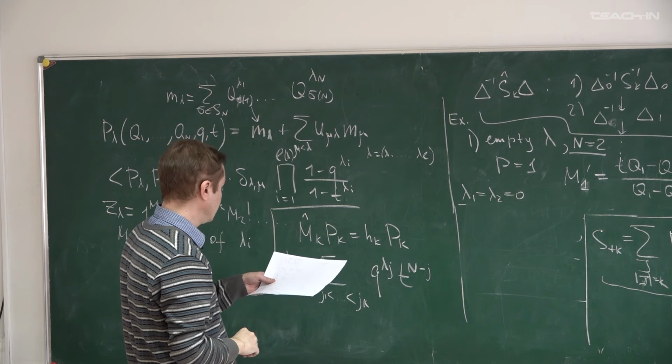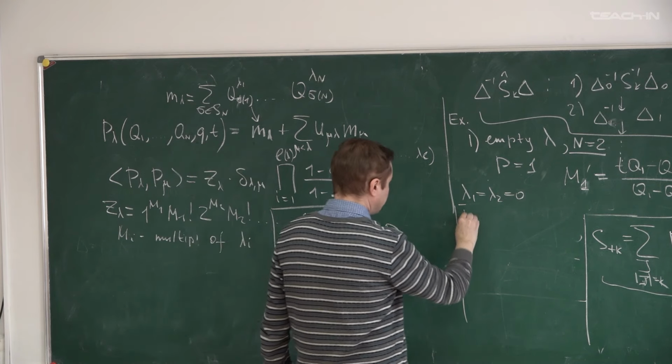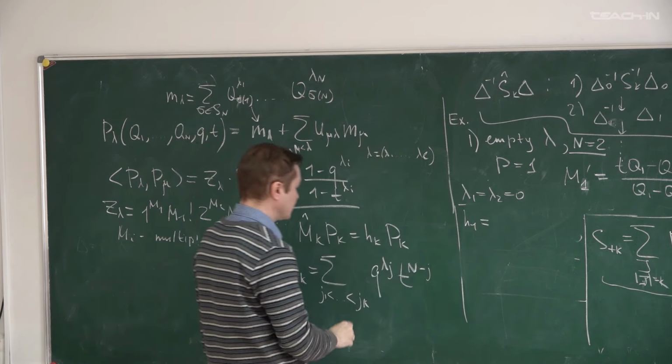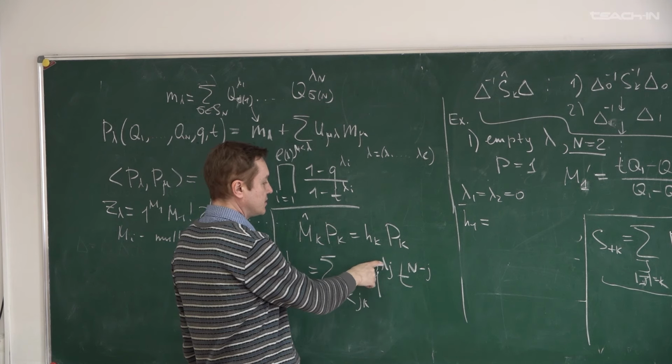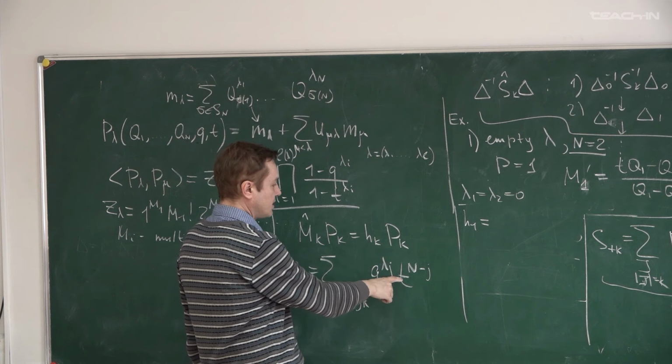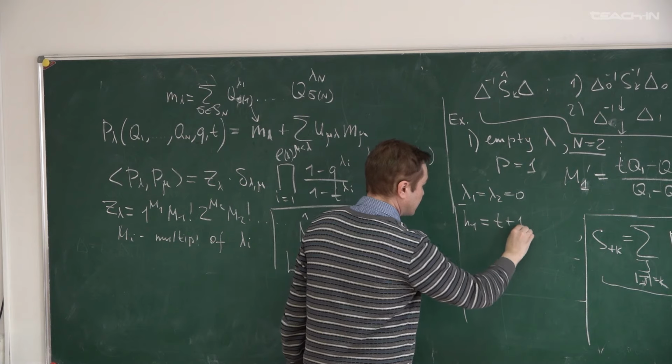Then what do we have here? This eigenvalue h1 is equal to, q is cancelled out because it is in the power which is equal to 0, and we have only t plus 1.